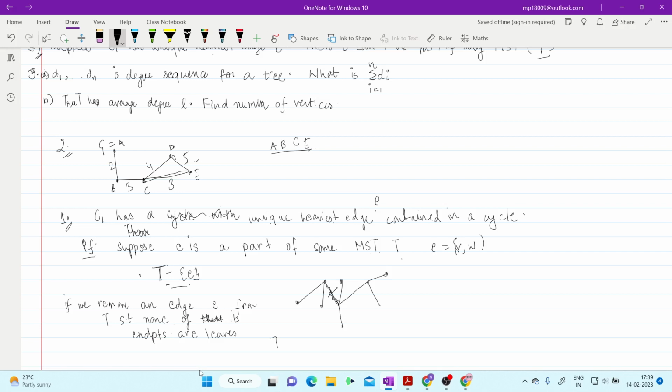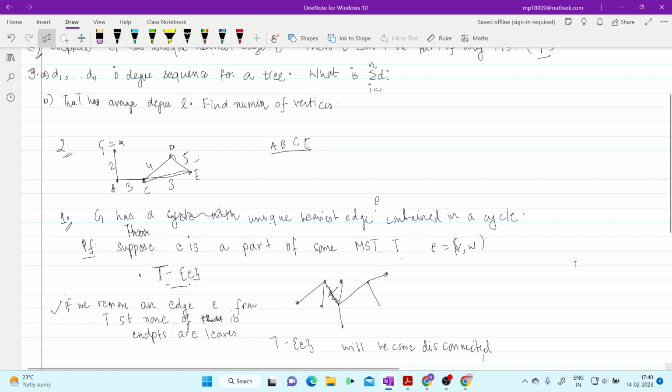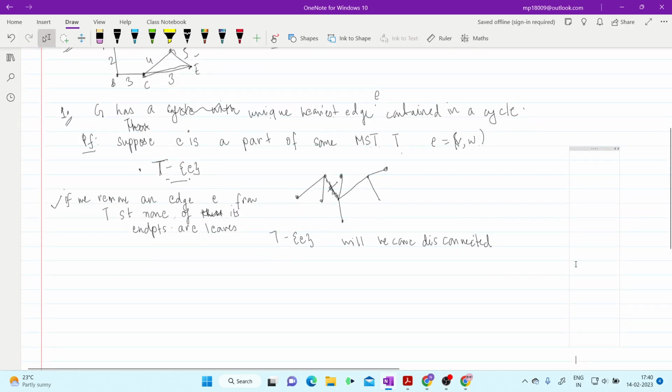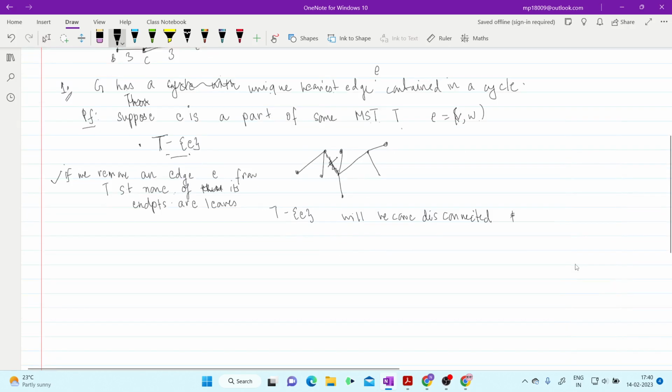We can see that T minus E for this kind of edge will become disconnected, and it will have two components.